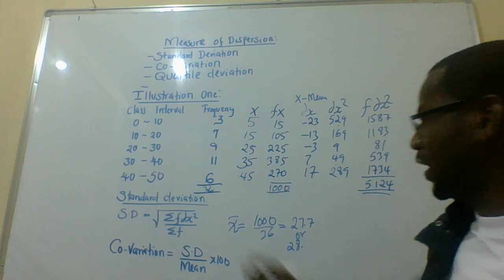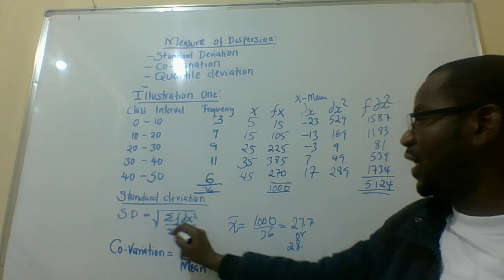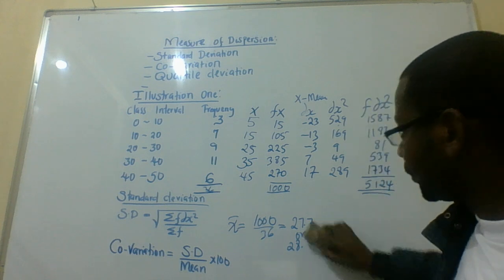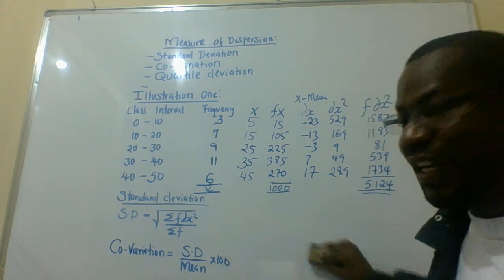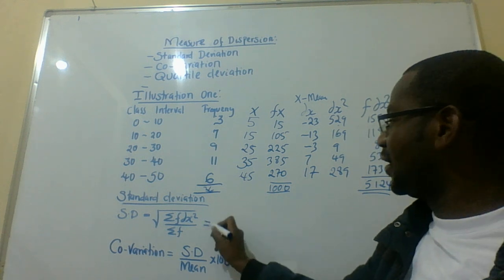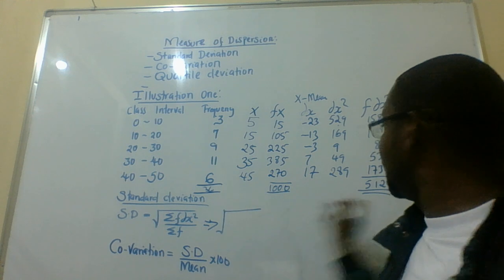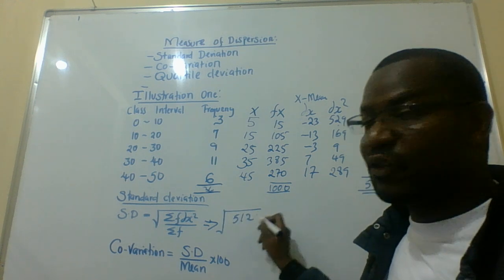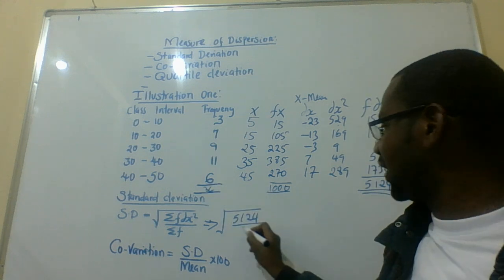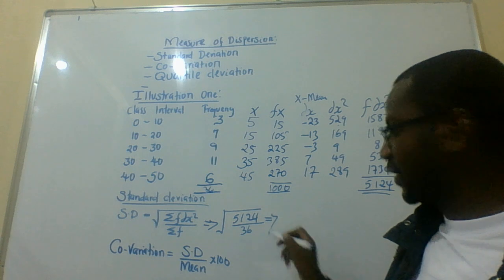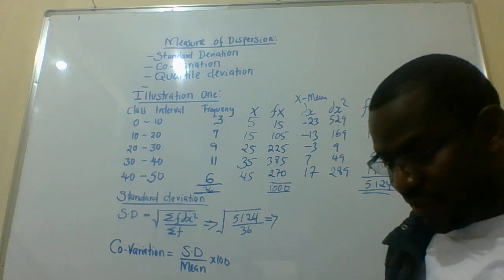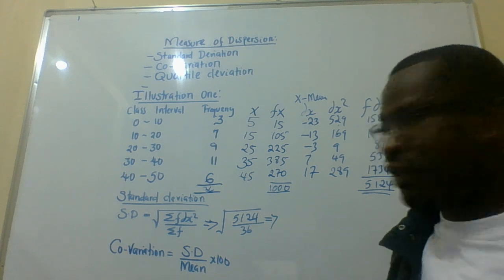Therefore, we substitute using this formula. So it will be the square root of 5124 divided by summation f, which is 36. 5124 divided by 36, 142.3.